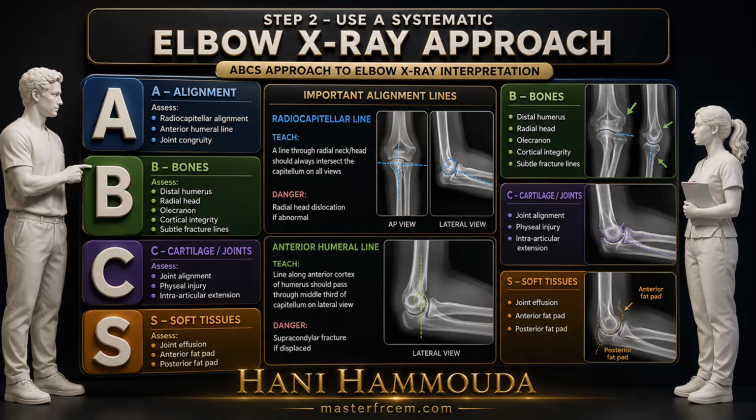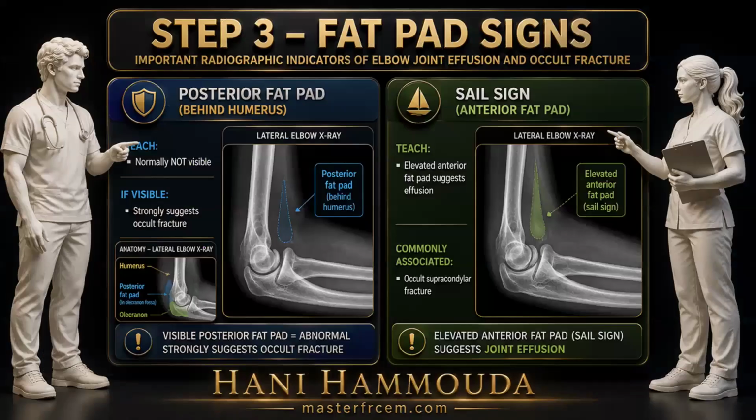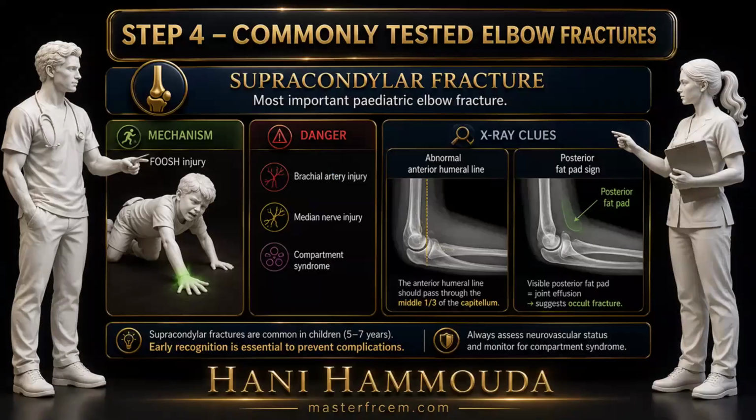Abnormal means it indicates joint effusion and an indirect sign of supracondylar fracture of the distal humerus. Are you able to understand? Yes. And coming to the posterior fat sign, if the posterior fat sign is present, then it is always abnormal.